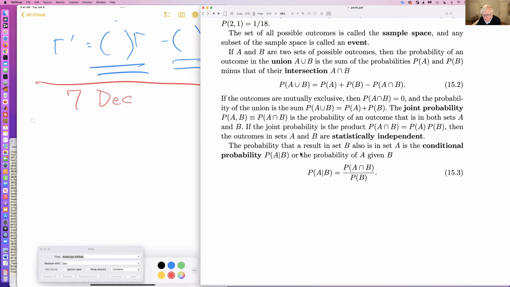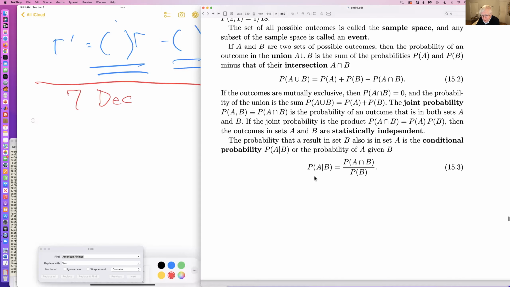Now, the probability that a result or an outcome in set B also is in set A is the conditional probability, P of A given B. And that is, P of A given B is the probability of the intersection divided by the probability of B. And of course, the reason for that is the probability of the intersection is the probability of one times the probability of the other given the one.